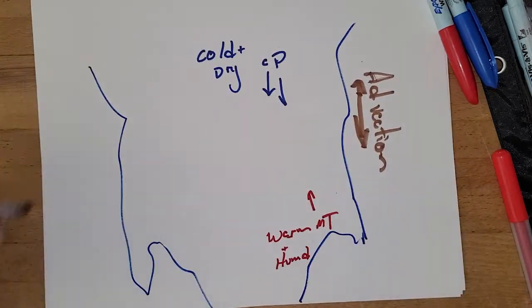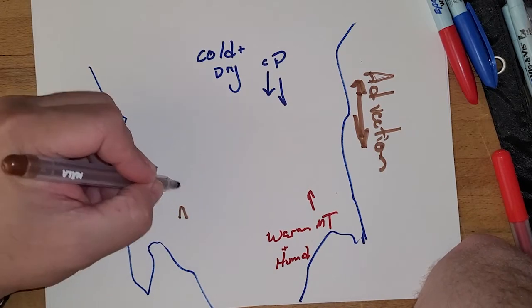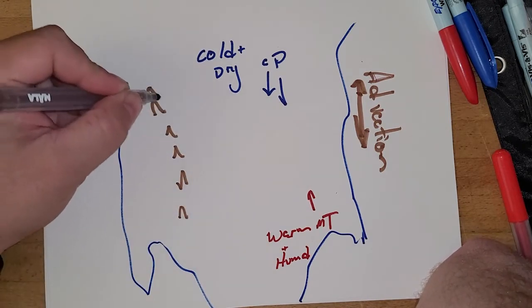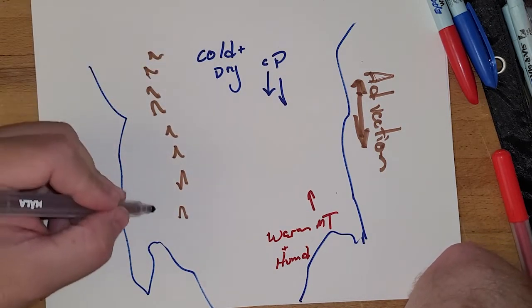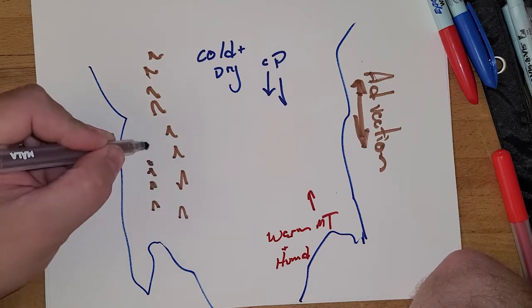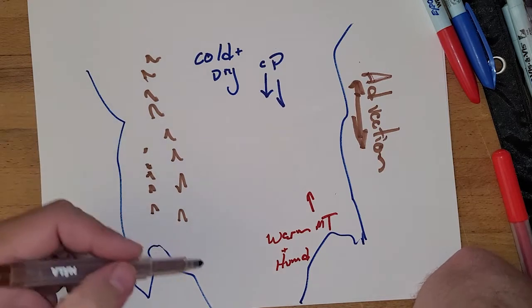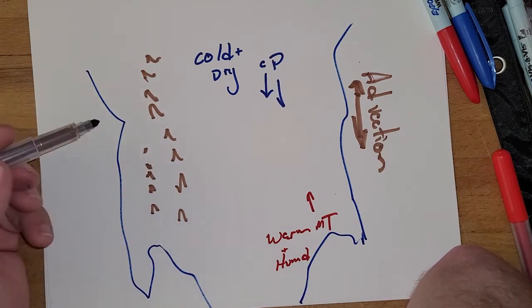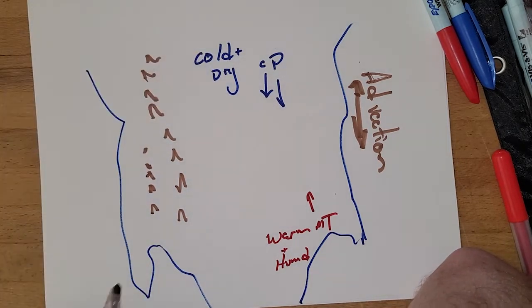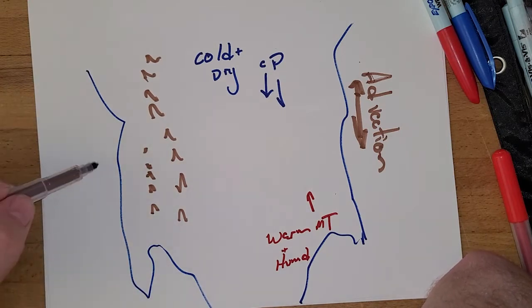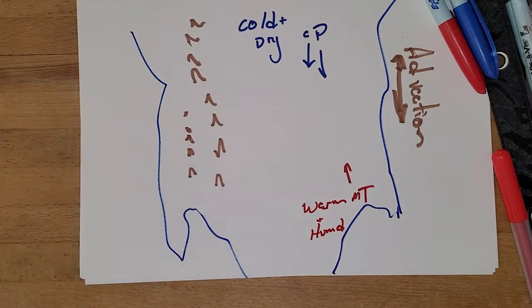Okay, now we do have over here a pretty significant mountain range. Yeah, in California, we're going to have our Sierra Nevadas, but there's going to be another one that goes all up and down the entire continent, and that's going to be the Rockies. Okay, the weather that we see over here on the eastern side of the Rockies versus what we see over here are going to be very, very different.